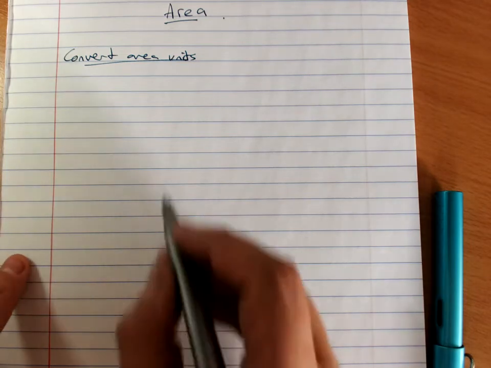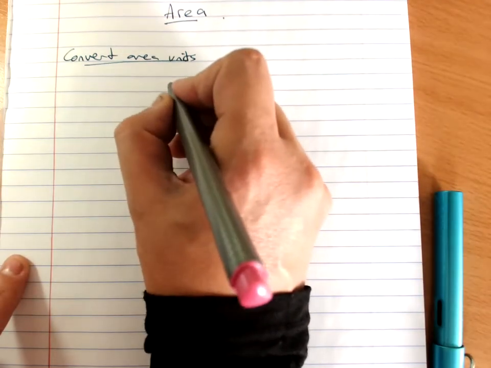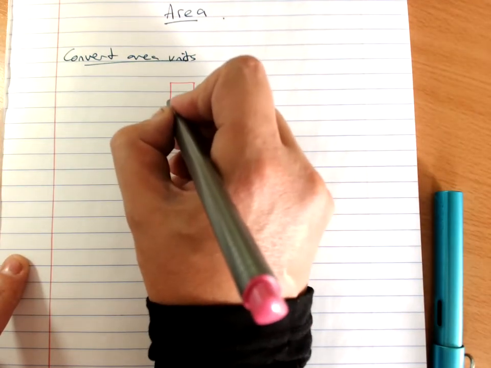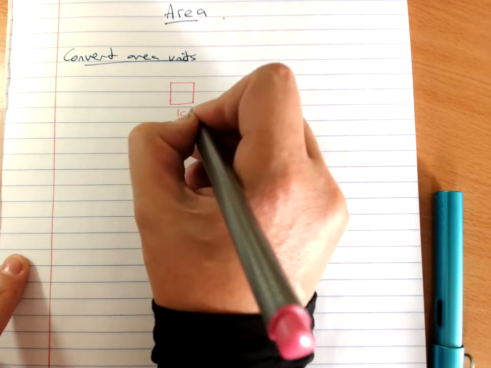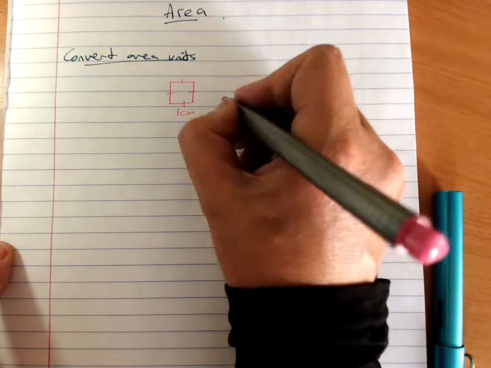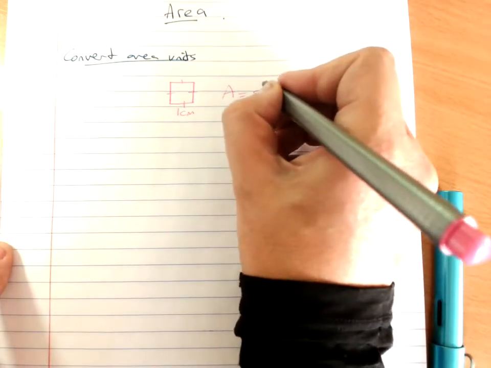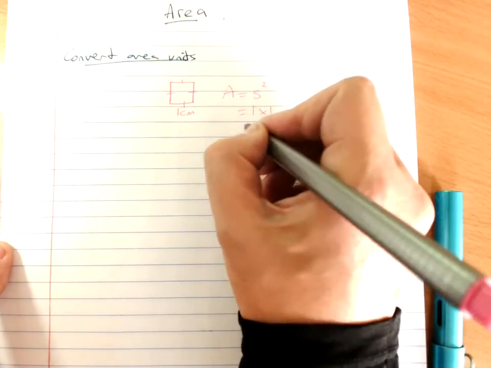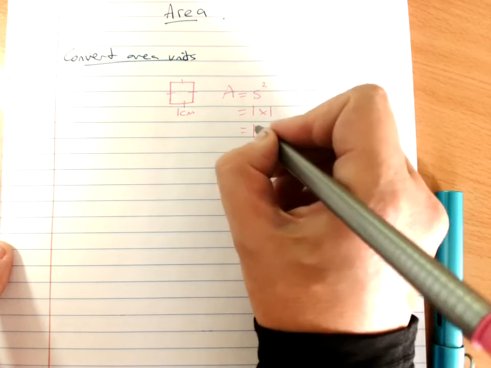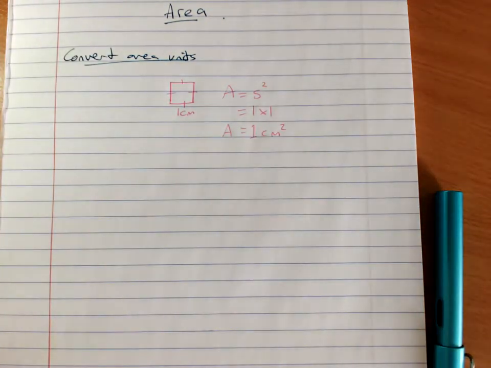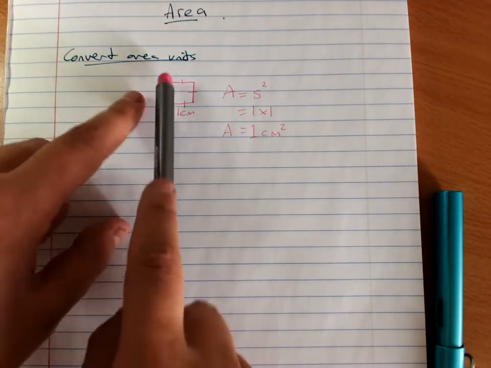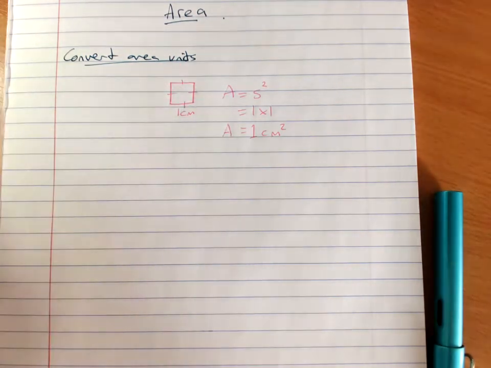If you get confused on this, I strongly recommend drawing yourself a diagram, because this is a square that's 1 centimetre by 1 centimetre. So the area of this square is side times side, which is 1 times 1, which is 1 centimetre squared, which says the amount of space it takes up on the page is the amount of space taken up by a box of 1 by 1.